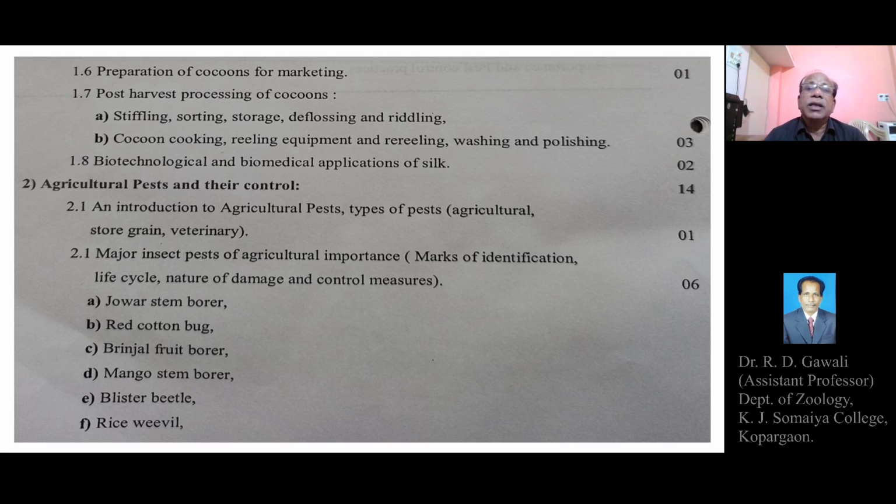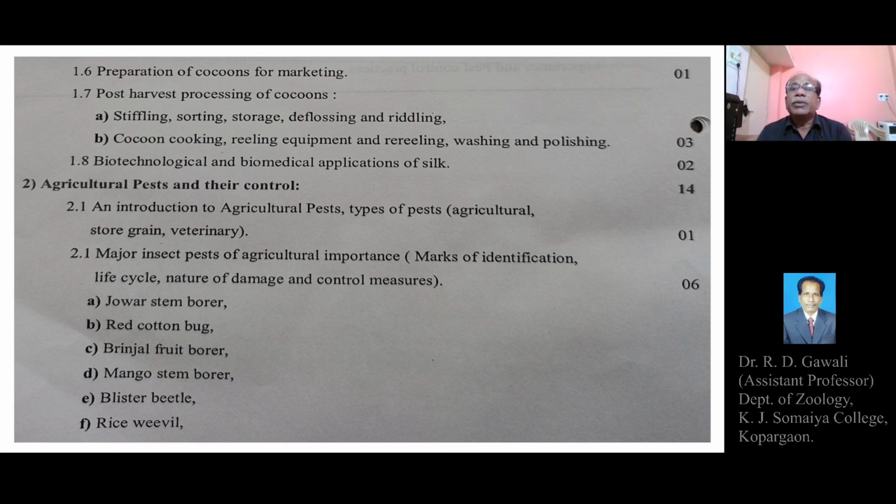And at this stage, the sericulturist or farmer has to harvest or collect the cocoons and separate or sort the good quality cocoons, poor quality cocoons, cut cocoons, double cocoons, pierced cocoons, flimsy cocoons.